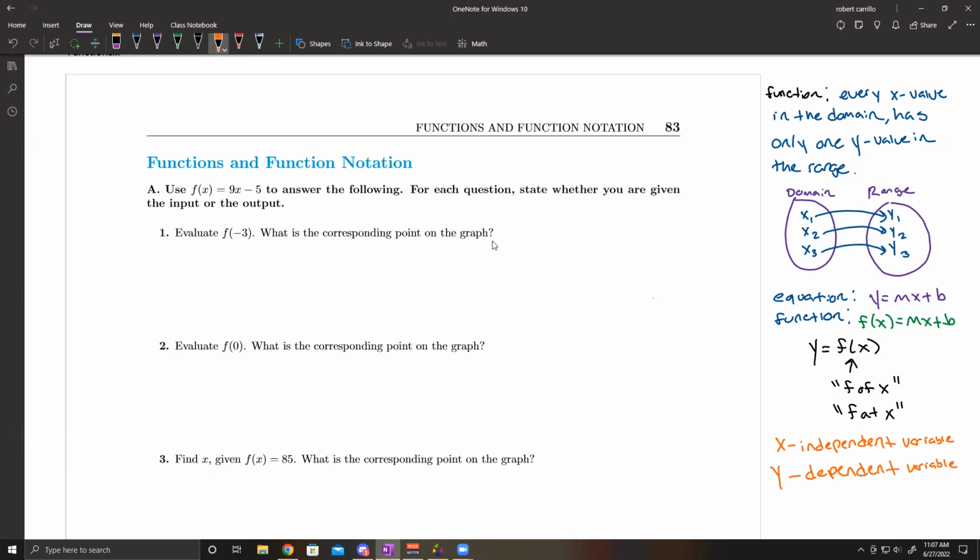Now on our page, it says use f of x equals 9x minus 5 to answer the following. For each question, state whether you are given the input or the output. For number 1, it says evaluate f of -3.